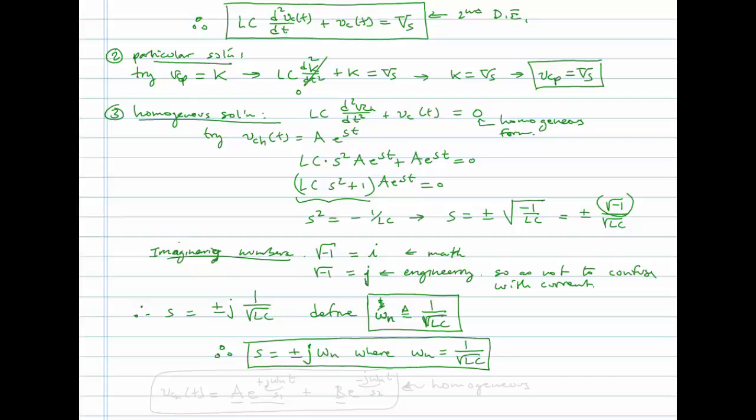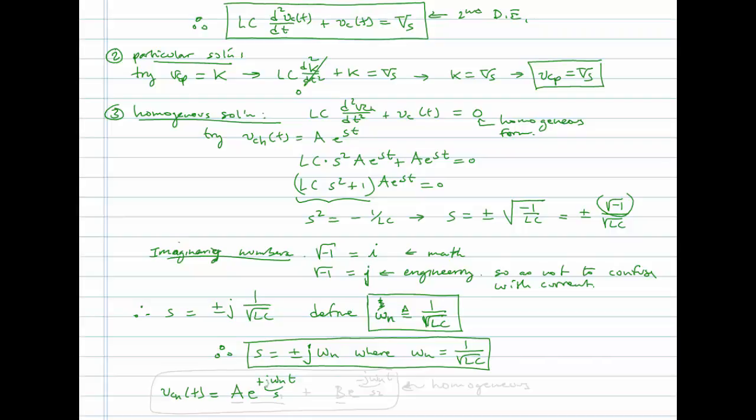So let's return to our homogeneous solution and see what happens here. So we have VC of H is equal to, and here we have to think about what this means. We have more than one value of s for which A e to the st will actually satisfy the homogeneous solution. So we could say the solution is A e to the plus j omega n t.